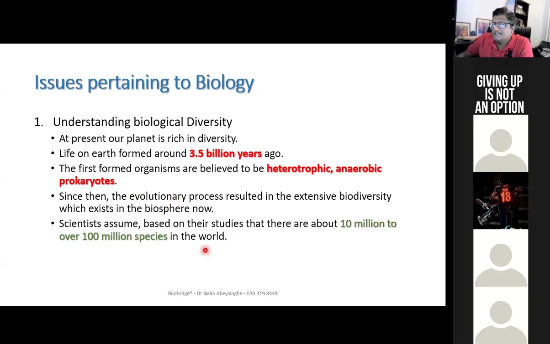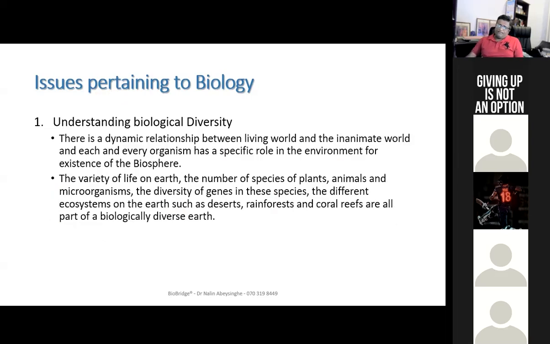So scientists assume, based on their studies, there are about 10 million to over 100 million species found in the world. They assume. Okay, so there is a dynamic relationship.